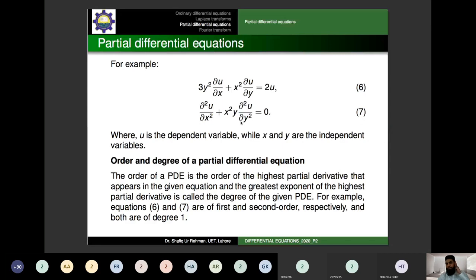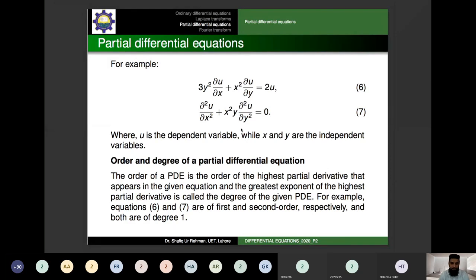So these are the examples of partial differential equations. We say that they are partial differential equations because they involve the dependent variable u and its derivatives, but not the ordinary derivative. Now the derivatives are going to be partial derivatives. So this is how the equation is going to be a partial differential equation.